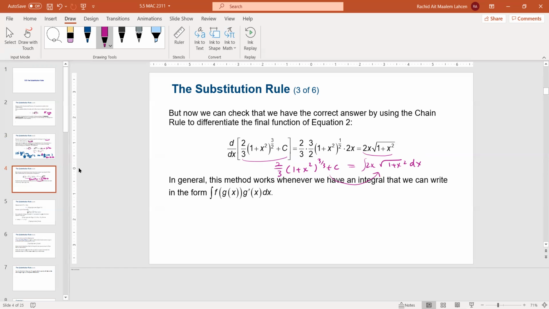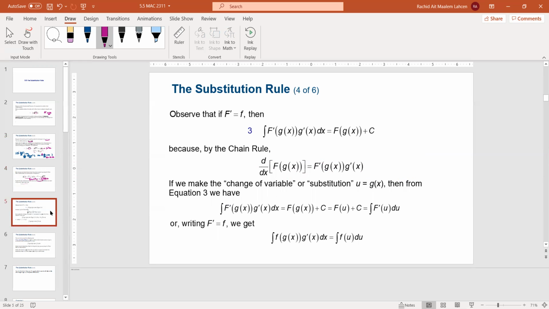The form that we're looking at here is f, some function, with g of x inside, times the derivative of g of x. So if we have this type of form, we can use this u substitution.